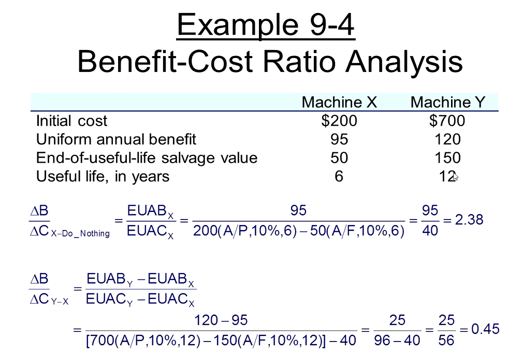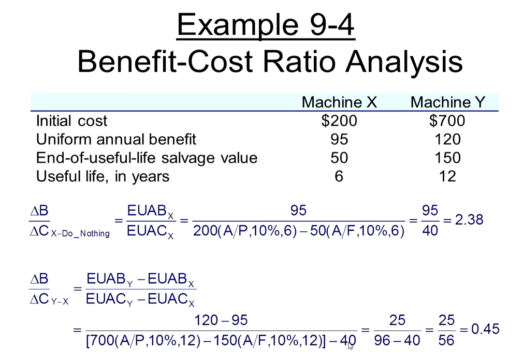And then here we analyze the Y. This simplifies, as long as we analyze the Y, then we just look at the Y and the X separately. So we already computed the equivalent uniform annual cost of X, and that was 40 previously. So we're just going to use the 40.